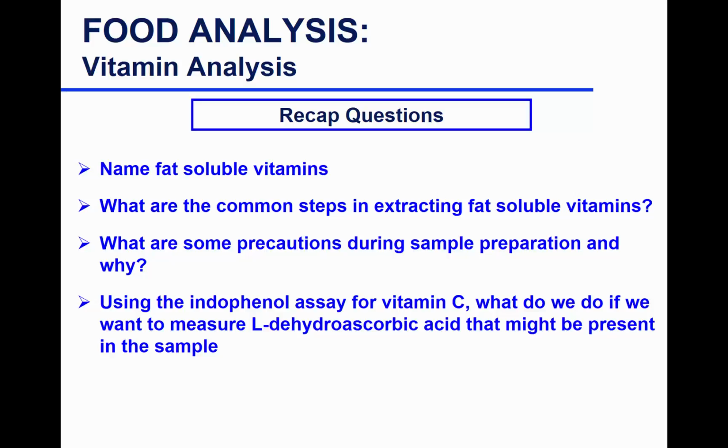Very good, because while the sample is stored, you might have mild oxidation of vitamin C ascorbic acid to dehydroascorbic acid, which is still biologically available. To make sure that we can capture all forms of vitamin C, you add a reducing agent, reduce dehydroascorbic acid to ascorbic acid, and then you can quantify all vitamin C content. Okay, good.